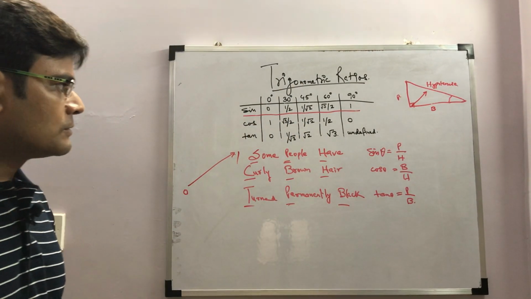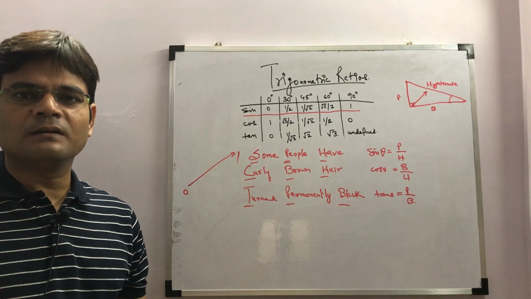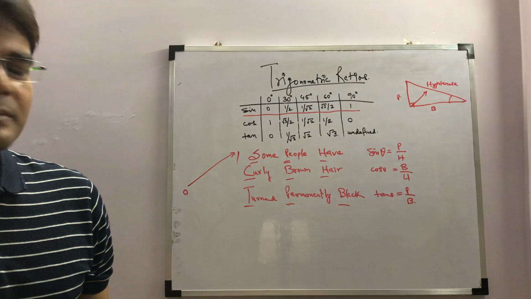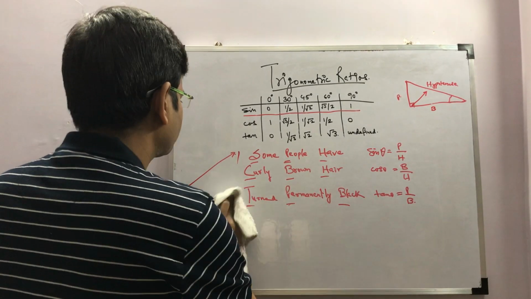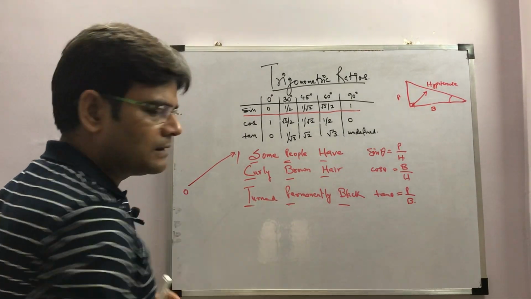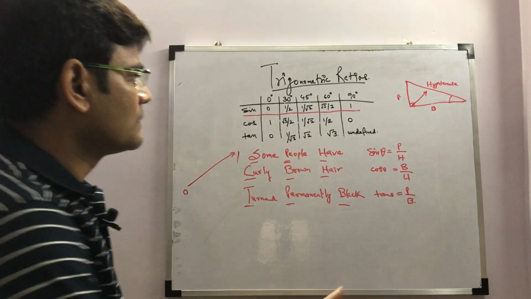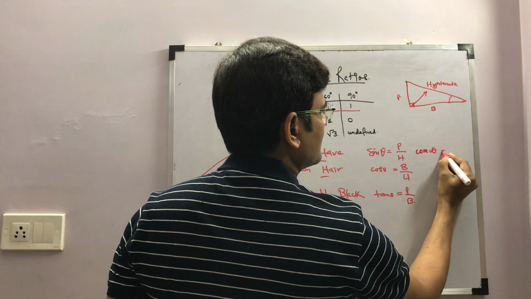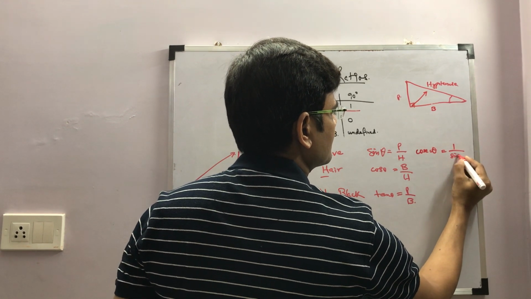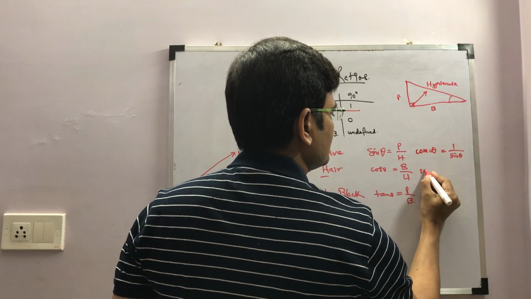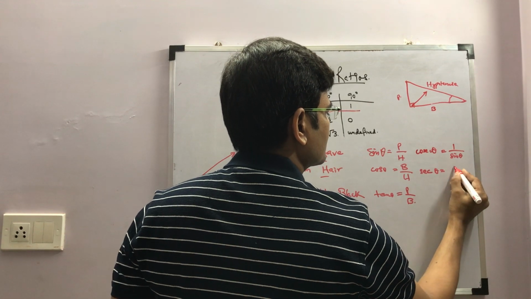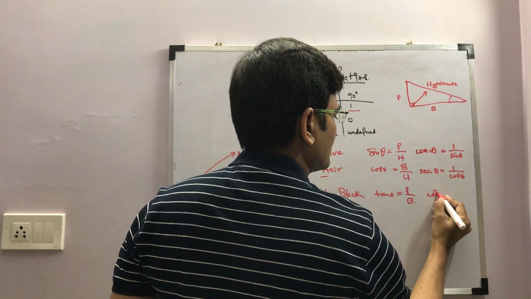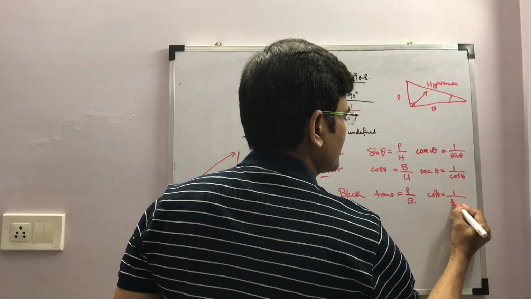Good so far? Now we are going to resolve very easy problems. Another thing I did not write: cosec theta is the reciprocal of sin theta, sec theta is the reciprocal of cos theta, and cot theta is the reciprocal of tan theta.